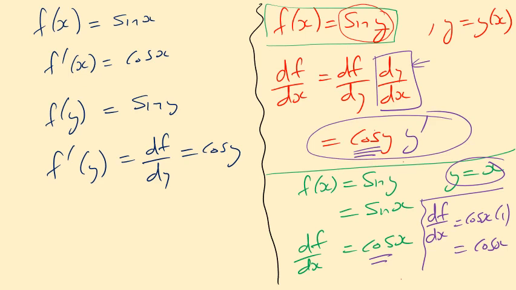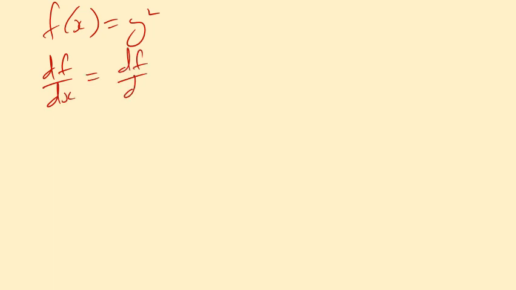Watch, for example, let's try something like this. I've got f of x is equal to y squared. Okay? So what is df dx? Not df dy, df dx. Df dx is df dy times dy dx. Df dy with respect to y is 2y.